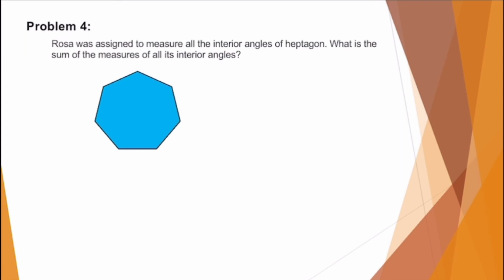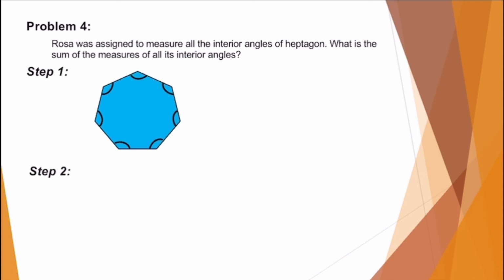Next problem. Rosa was assigned to measure all the interior angles of a heptagon. What is the sum of the measure of all its interior angles? For our step 1, in the given problem, our goal is to solve for the sum of the measures of all the interior angles of a heptagon.